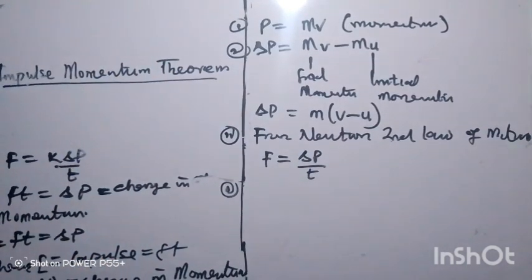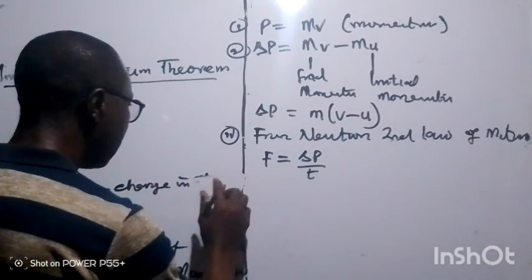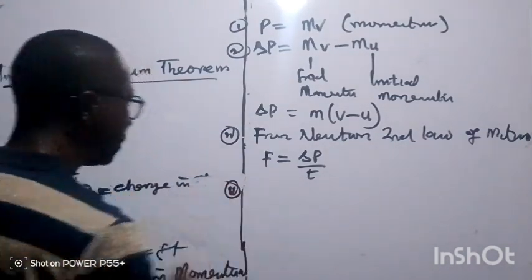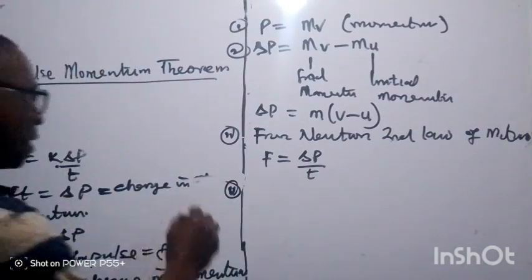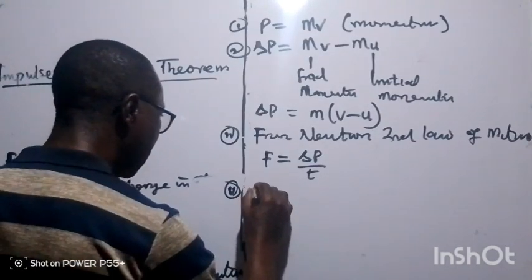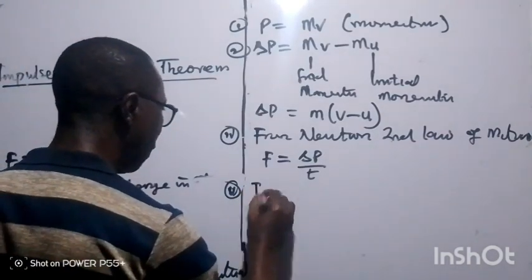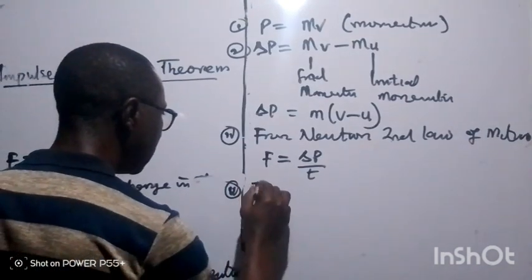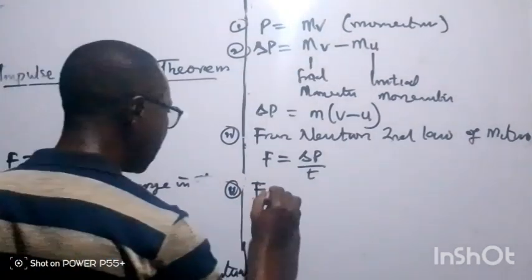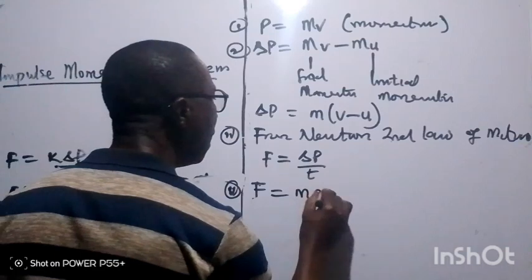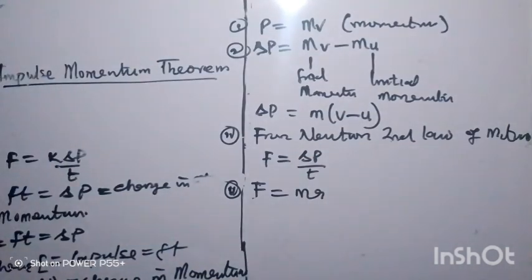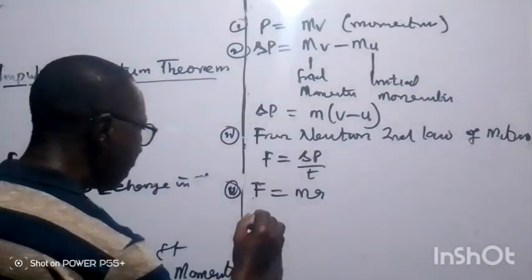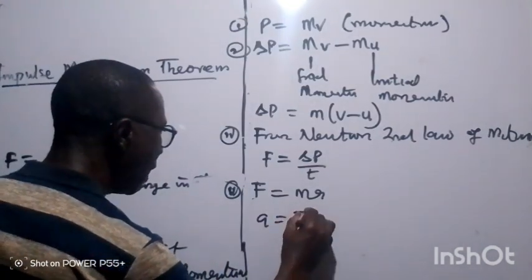Then we move further, number 5, and from the same Newton's second law of motion we arrive at F is equal to ma, and we state that a is equal to F over m.